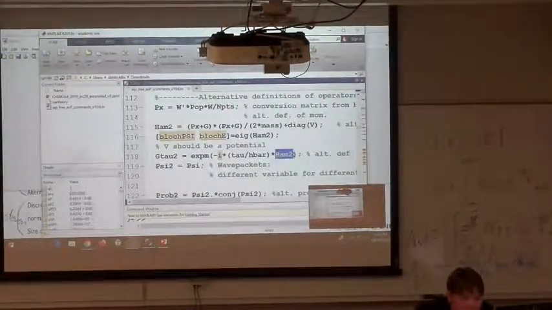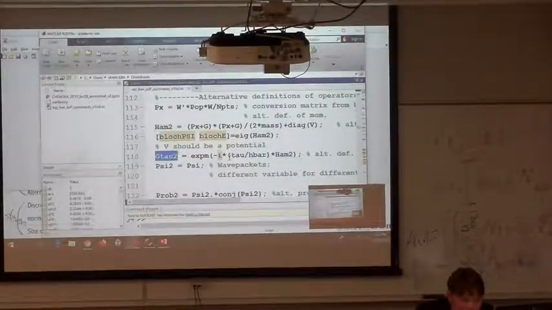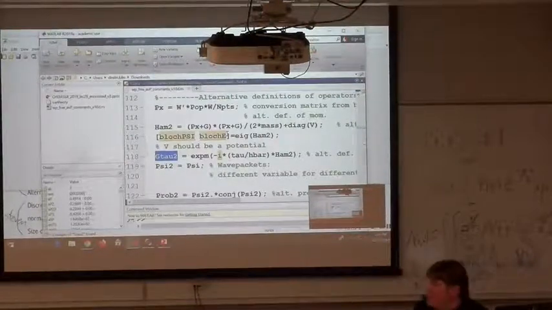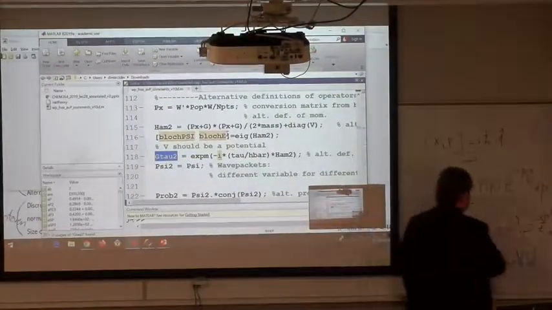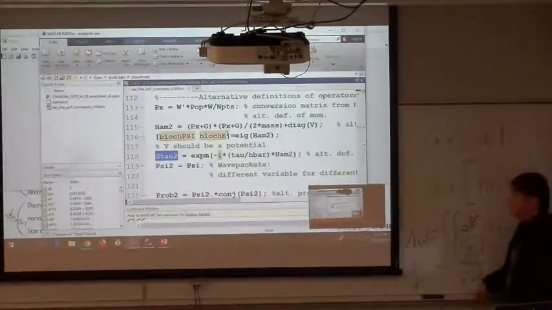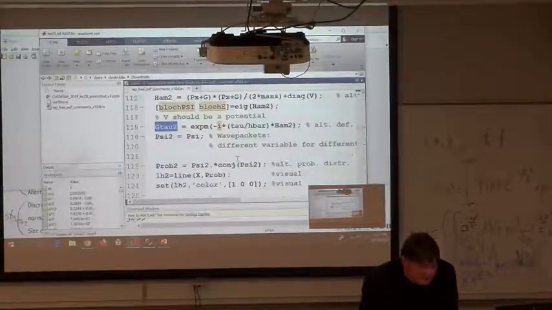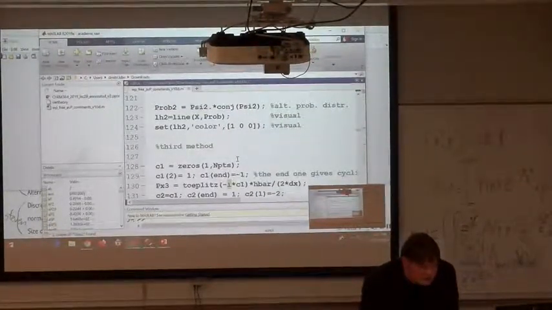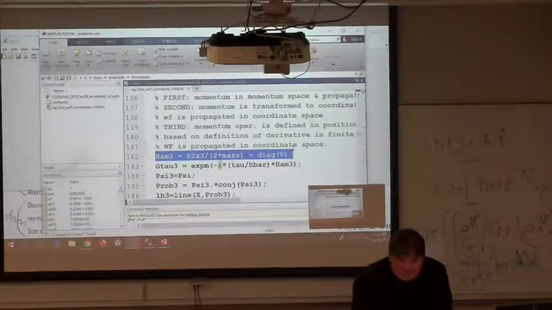And then this Hamiltonian is plugged into the expression for the evolution operator. Good. This is based on the definition of momentum that was done, as John will teach us in 5 days, right? If the momentum is alternatively defined through this Toeplitz, then there is a CHEM the third.